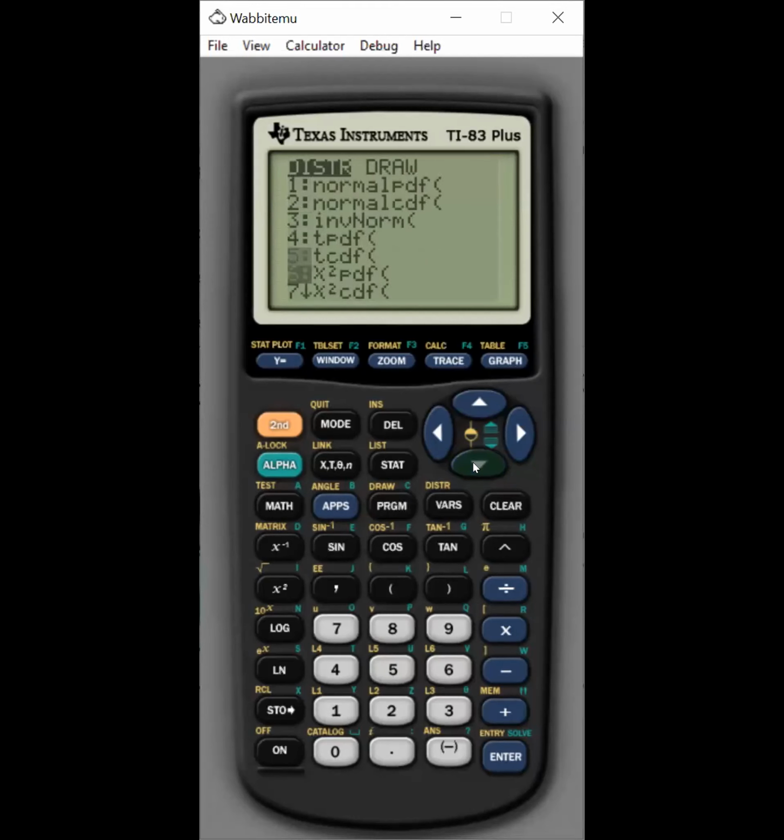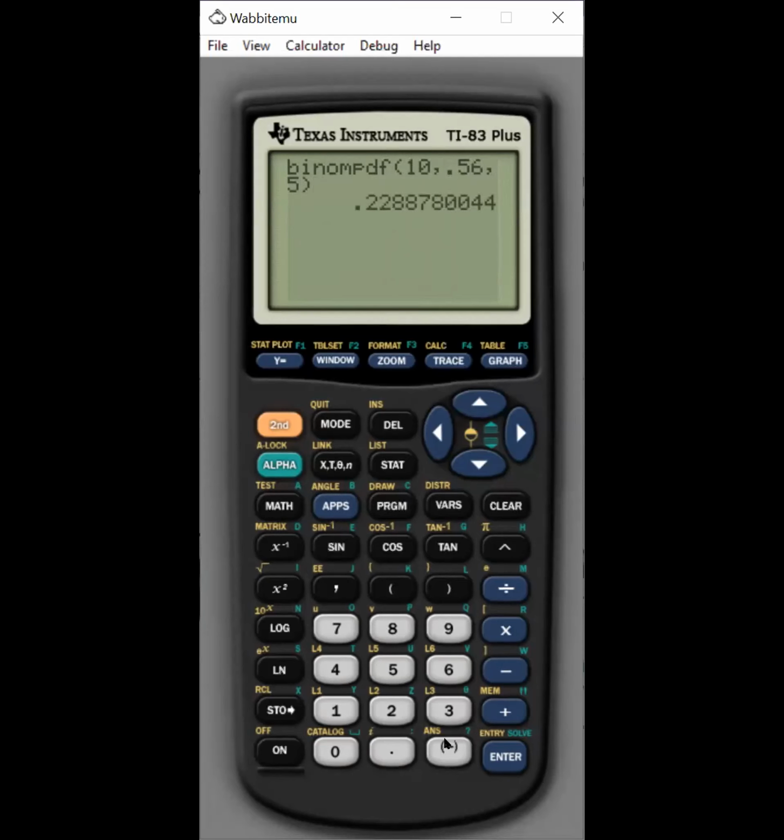I'm going to scroll down until I see binomial PDF. This one right here, y'all. And remember, we said we're going to put three numbers: n, p, and x. So my n was 10, comma. My p was 0.56, comma, and my x was 5.